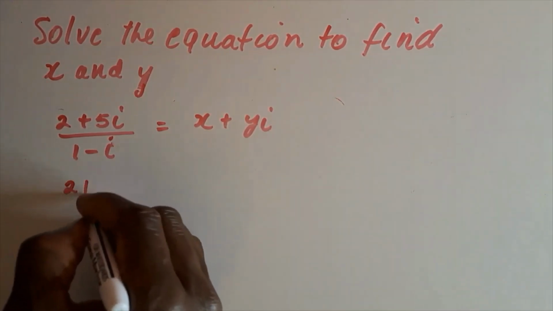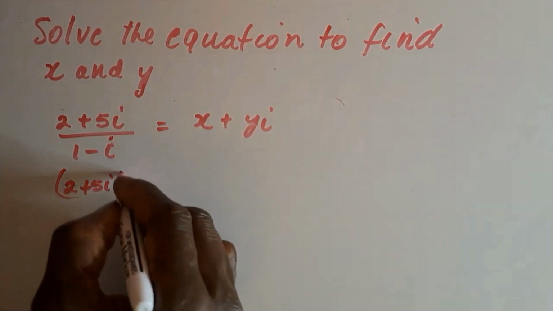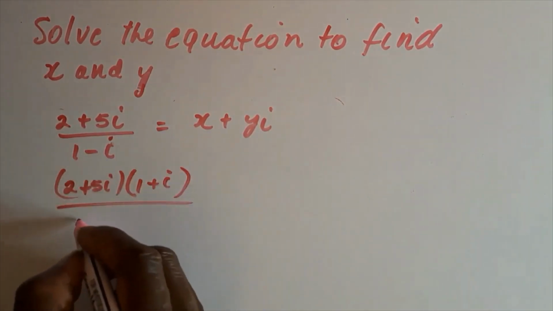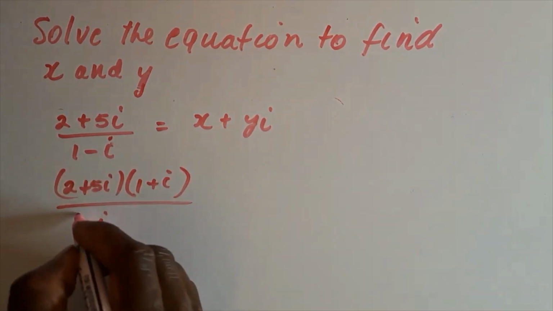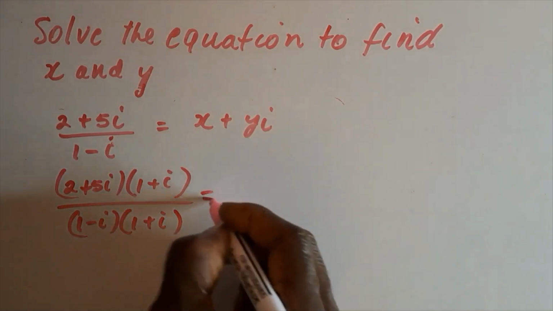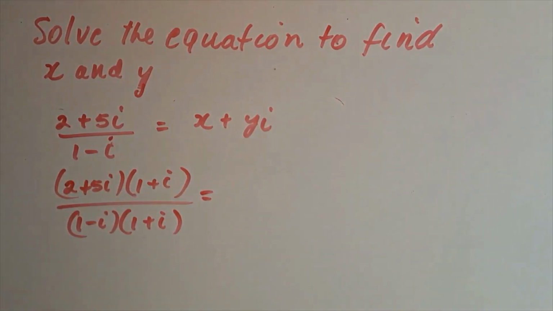So that's 2 add 5i, multiply by 1 add i, and the denominator is 1 minus i times 1 add i. What do we get with this?